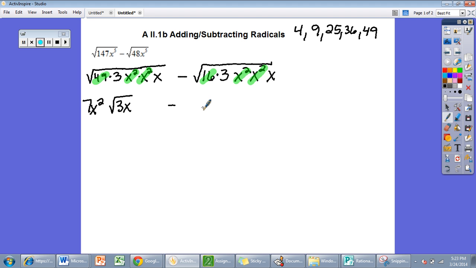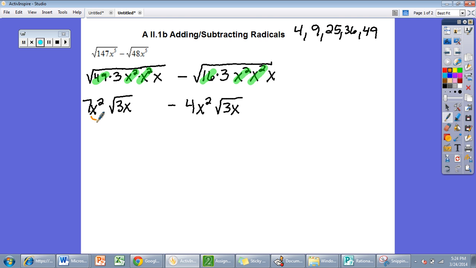Okay, again I'm going to take the square root of 16, which is 4. I have 2 x squareds, or I have 2 x's on the outside. What I have left on the inside is a 3x. Okay, so you have to remember what I had said was that my ending had to be exactly the same.